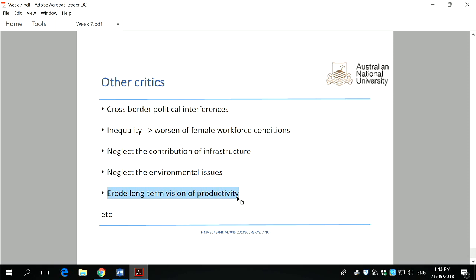All those goals in the 5-year plans have been achieved very well until the recent two, because they were putting environment and innovation issues in the 5-year plan, and they cannot fully achieve them. This is exactly where the short-term goal erodes the long-term vision of productivity.